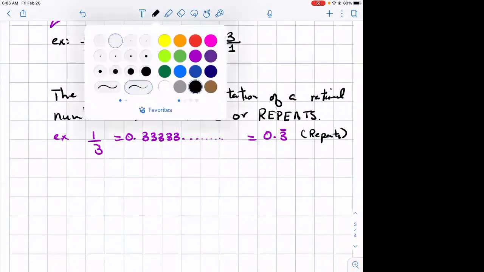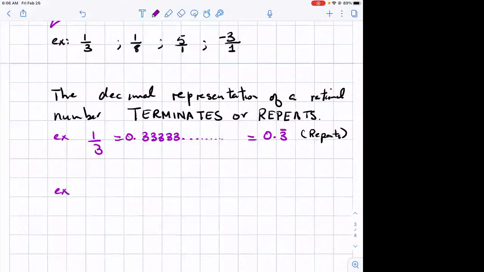On the other hand, if we look at the example such as 1/8, 1/8 is equal to 0.125. And we say that this terminates because that's the only decimal representation of it.